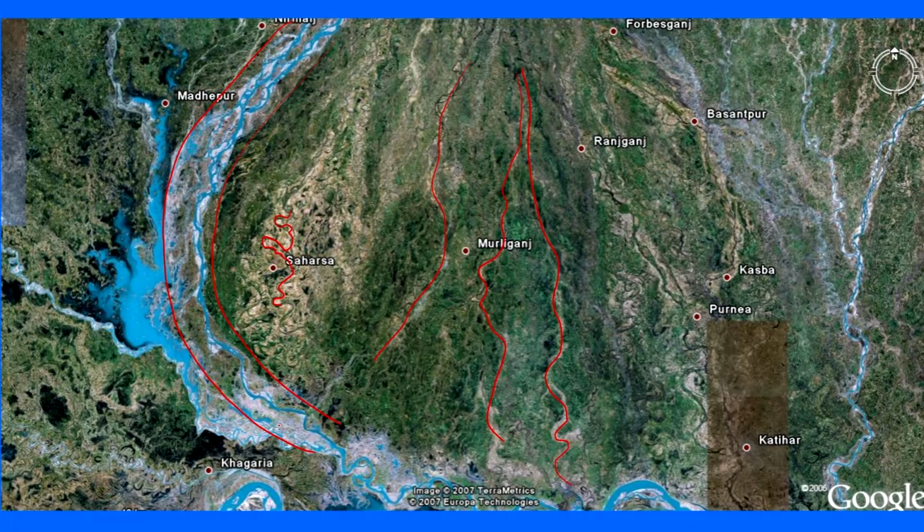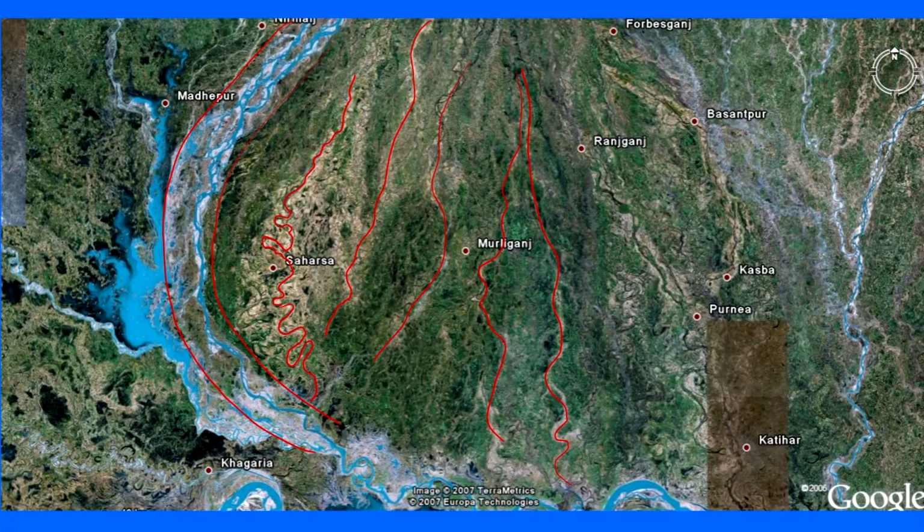Now this channel, that is Kosi, has a tendency to reoccupy its own paleo channels, okay. Now what has happened is that without a proper understanding, people have been allowed, of course, as we have discussed in the beginning also, that humans have that tendency to go and settle down close to the river channel, and most of our ancient civilizations also flourished along the river channel.